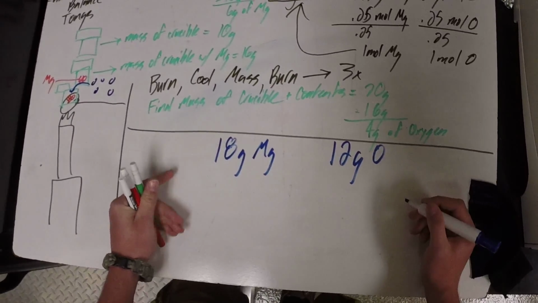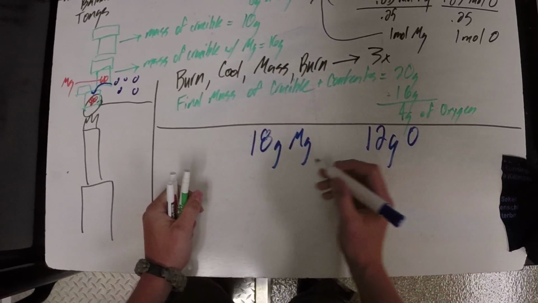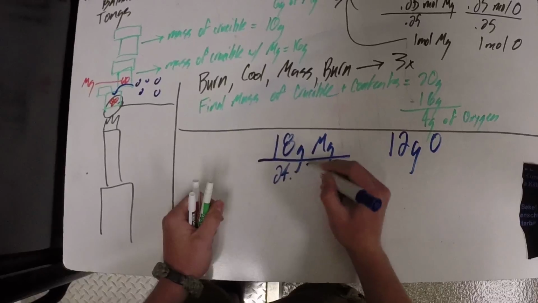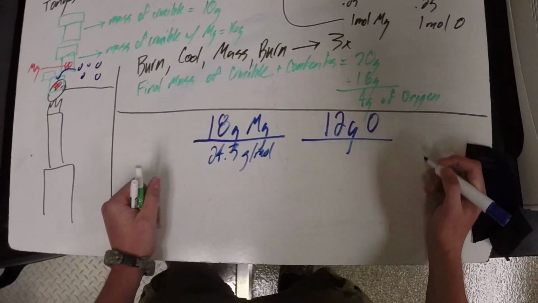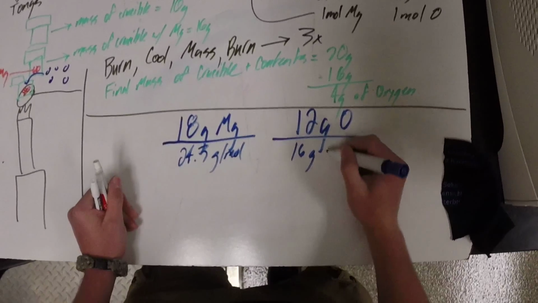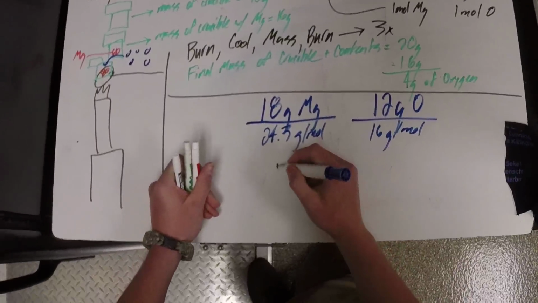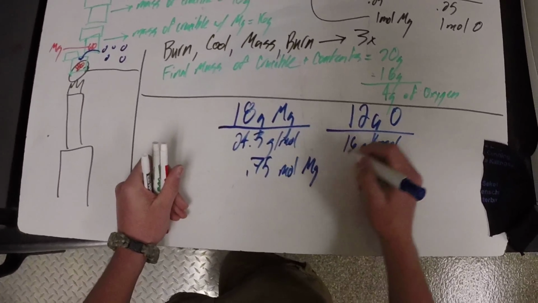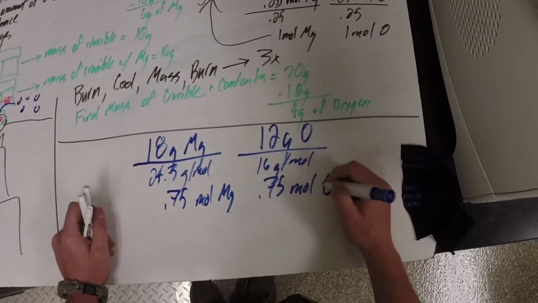Alright, hopefully you guys have figured it out now. So what you're going to want to do is take the Mg divided by the mass on the periodic table, which is 24.3 grams per mole as before, and then oxygen, which is 16 grams per mole, and you're going to get 0.75 moles Mg and 0.75 moles oxygen.